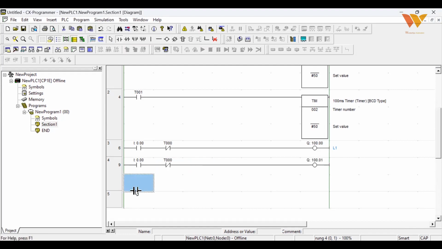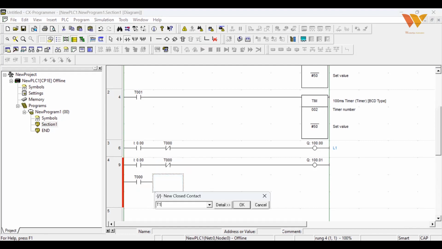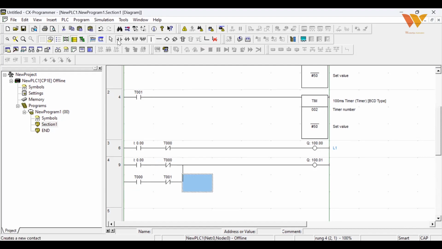In the next condition, we have L2 and L3 should be on, correct? So now L2 should be on again, right? So I'll take T0, then I'll take T1. And similarly, L3 should be on, so I'll repeat the same condition.